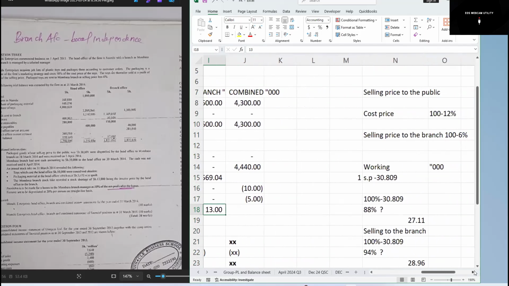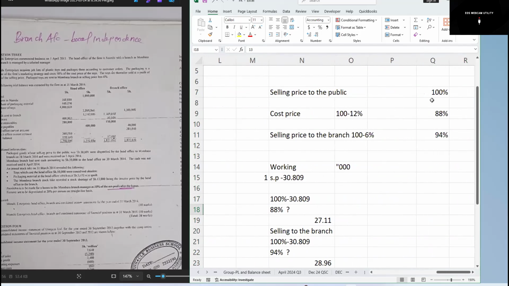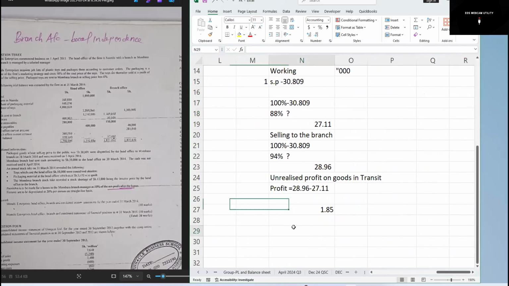So we go back to easy percentage. So you can call it number 2. That is a cost price of branch shortage.